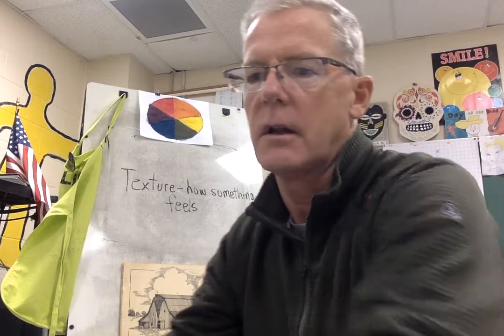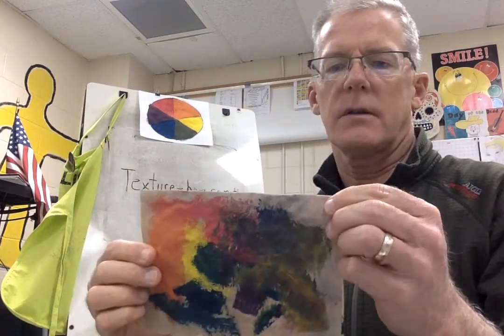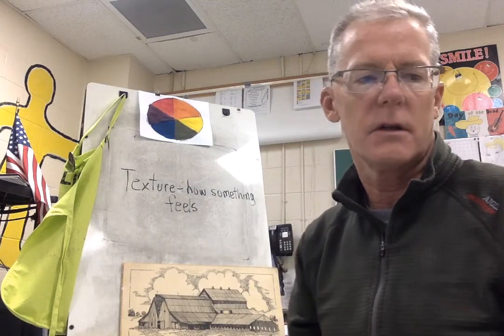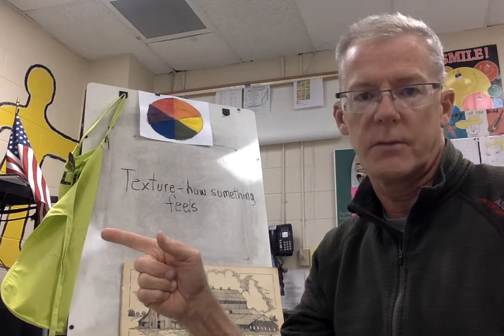Okay? And last, paper towel. All right, paper towel's sort of smooth unless it's got paint on it. And then it's a different texture to it. Okay? So what I want you to do today is get a piece of paper. And I'm going to slide over here and get a piece of my paper before we start.